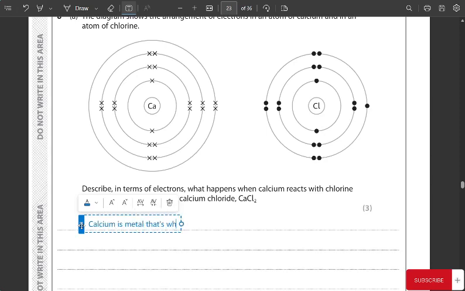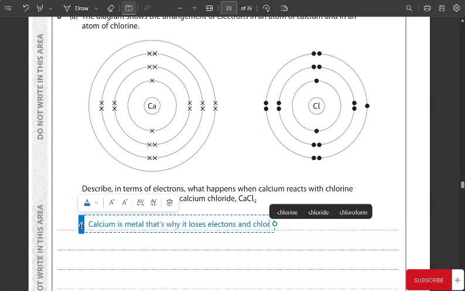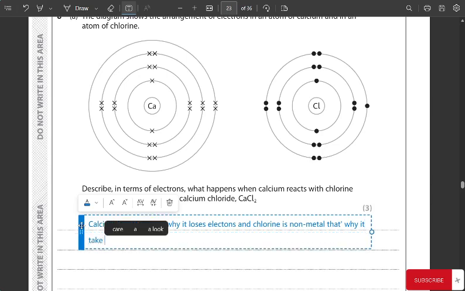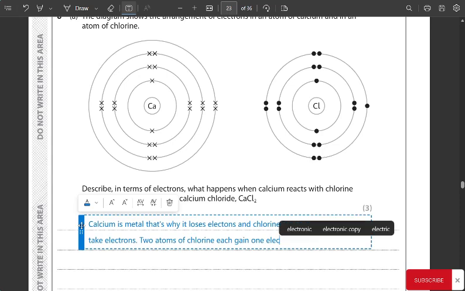That's why it loses electrons, and fluorine is a non-metal. That's why it gains electrons. Two atoms of fluorine each gain 1 electron.